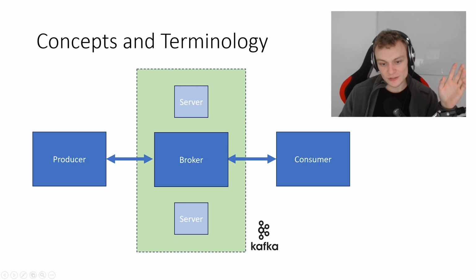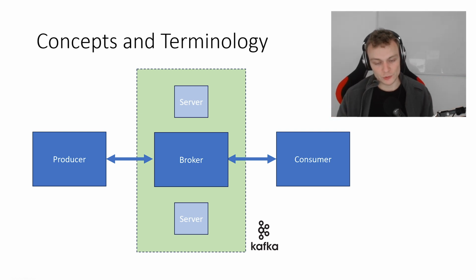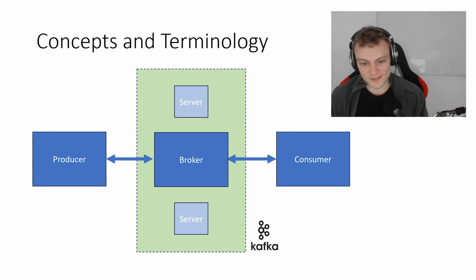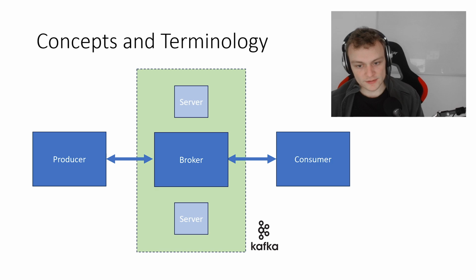On a very large scale, the drawer consists of a broker or brokers. These are practically servers on separate machines or on the same machine. It doesn't really matter. And these brokers store data. You can think of a broker as a cupboard where you can enter stuff into and retrieve it from.